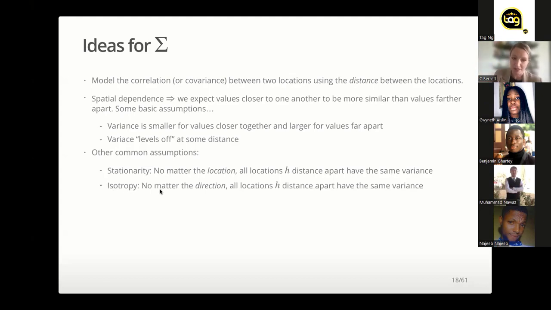And then isotropy, which is that directional component, that no matter the direction, the covariance will be the same. We're going to assume those to begin with, and then I'll show you guys towards the end some ways to accommodate lack of stationarity, or non-stationarity, and then a lack of isotropy, which is anisotropy.